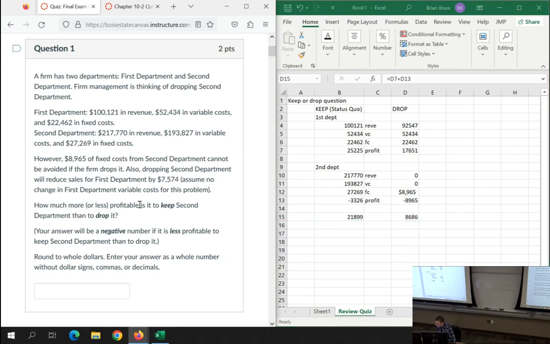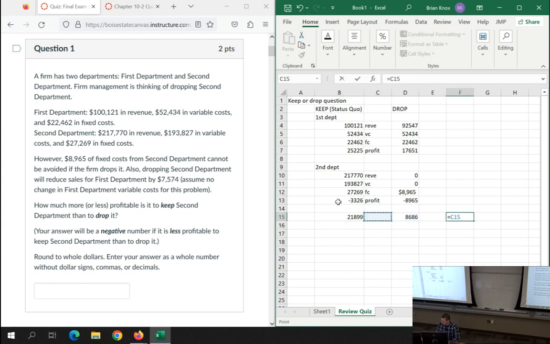So how much more or less profitable is it to keep than to drop? So it looks like even though the second department seems like it's a loser, it's got a loss right now, $3,000 worth. If we drop it, it's even more of a loser to us because there's a bunch of fixed costs we can't get rid of, and because it drops our revenue from the other department.